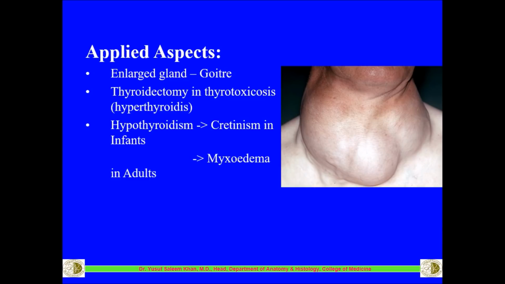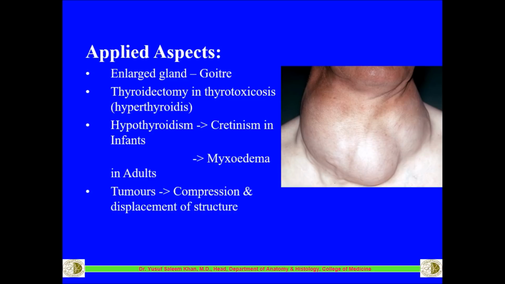In case of the adults it leads to myxedema. If there is deficiency of the secretion from the thyroid, that is called hypothyroidism, then it leads to cretinism in case of the infants, where there will be incomplete development of the infants, and in case of the adult it leads to myxedema.